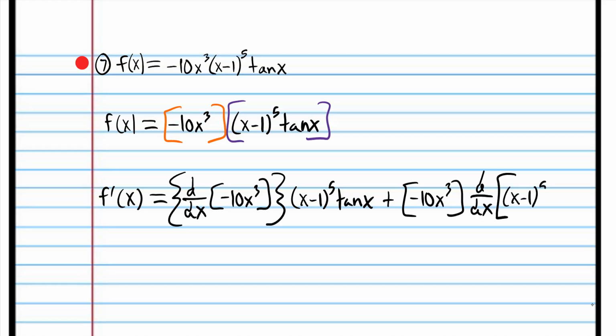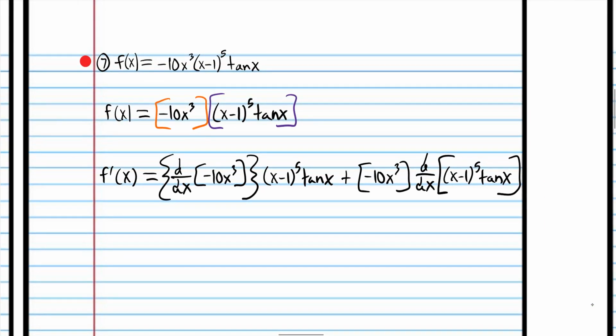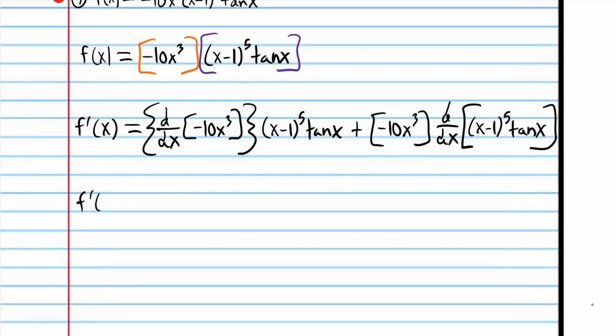And I'm just using brackets to try to make things clear. You don't necessarily have to use brackets. So the first part is going to be easy because the derivative of negative 10x cubed is just negative 30x squared. So we're done with this expression here. That was the easy part.